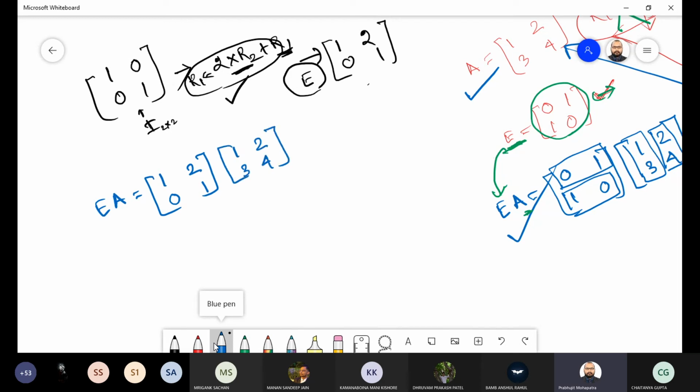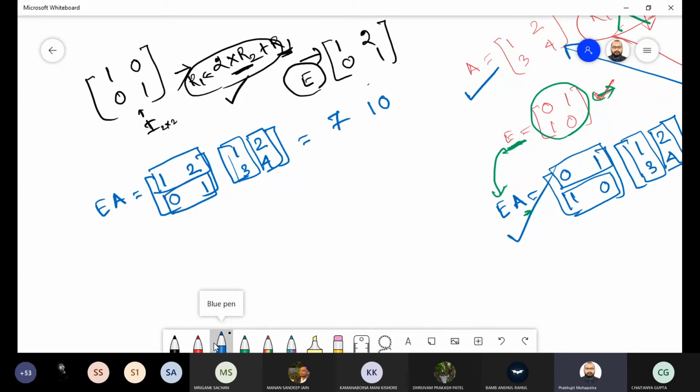See what is happening, row with column. 1 into 1 is 1, 2 into 3 is 6, so 1 plus 6 is 7. Then second column, 1 into 2 is 2, 2 into 4 is 8, so 8 plus 2 is 10. Then next is 3.